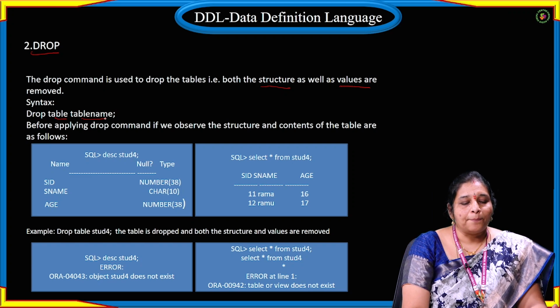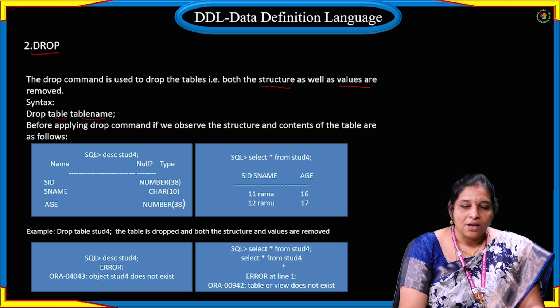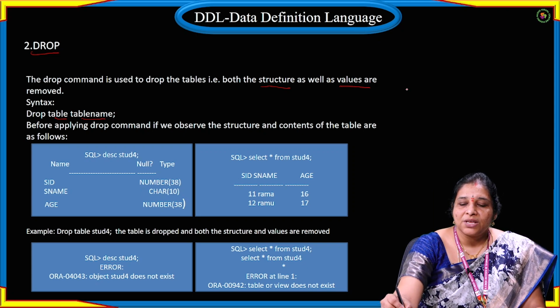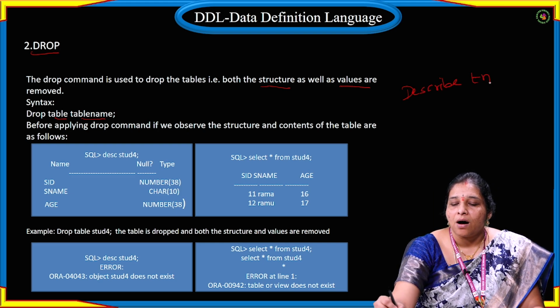Now, before applying the drop command, I will verify. Here we are trying to remove the structure as well as the values. As I already told you, in order to see the structure, the command is DESCRIBE, D-E-S-C-R-I-B-E, followed by table name, or DESC followed by table name.